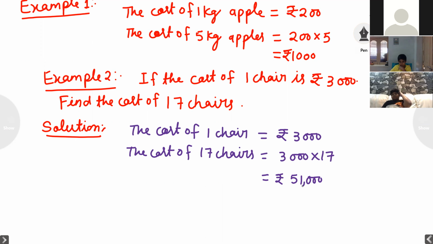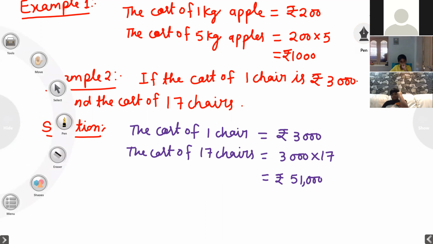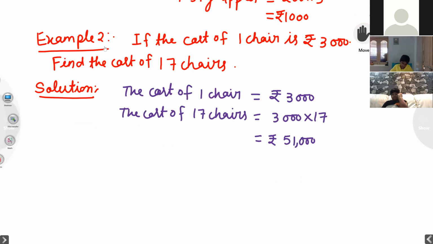Example 3. Now the level of question I am changing.